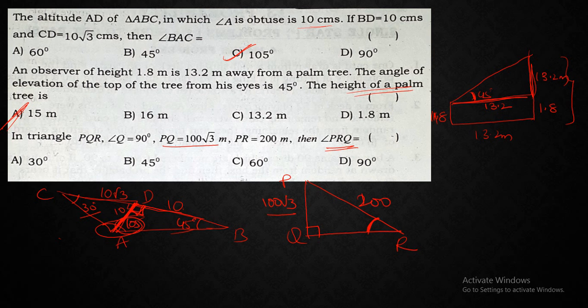So clearly we have opposite, we have hypotenuse. So which rule? Sin theta. So sin theta is equal to 100 root 3 by 200. So clearly this goes 2 times. So root 3 by 2 is nothing but, so theta is equal to 60 degrees. So option C is my answer, right?